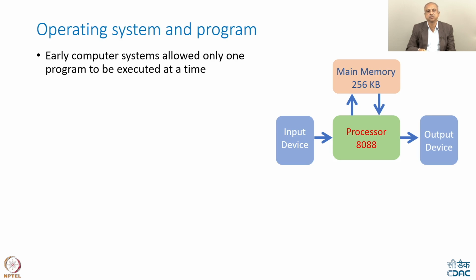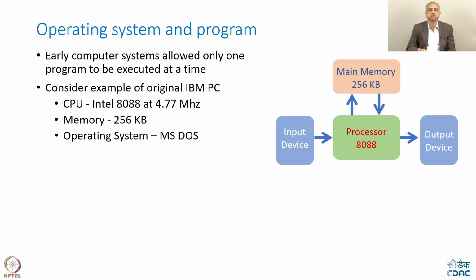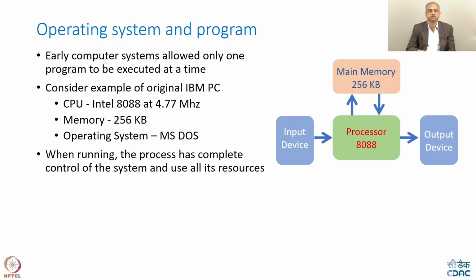So, the user runs a program, it terminates, the OS comes back and then the next program is loaded. This is a typical example of a processor that existed when the first desktops were made available; it had an Intel CPU, a certain amount of memory and a basic operating system like MS-DOS.